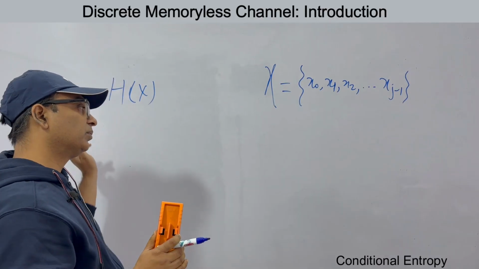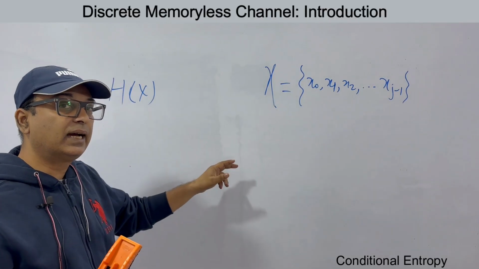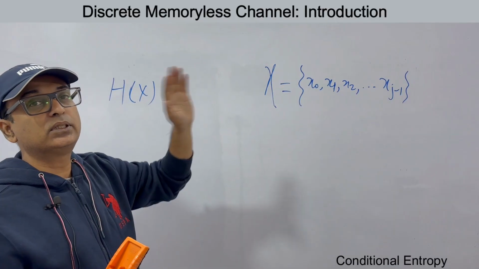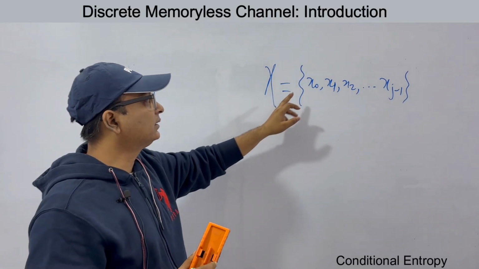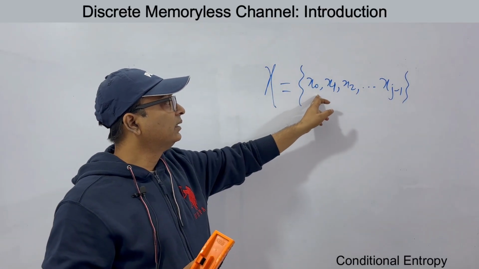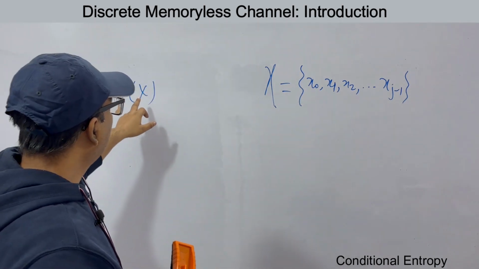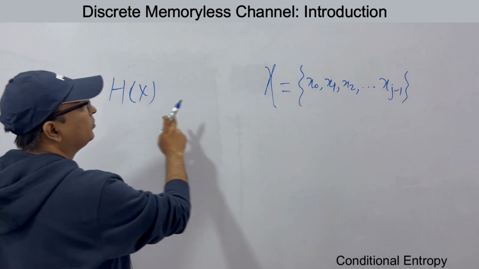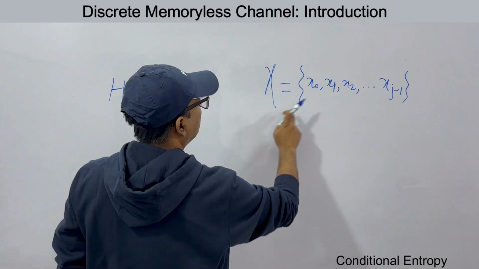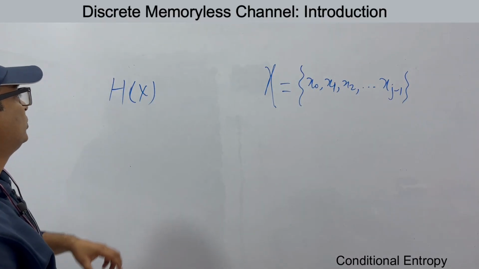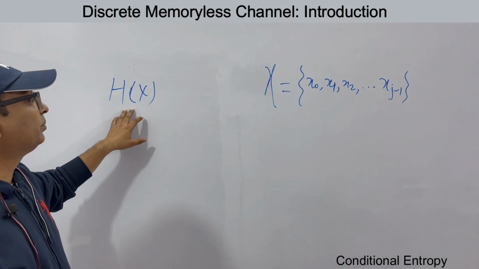I explained that from the source we do source encoding, and that output is our input to the channel. So X is a random variable, that is it can be x0, x1, or x2. You know this is the entropy.